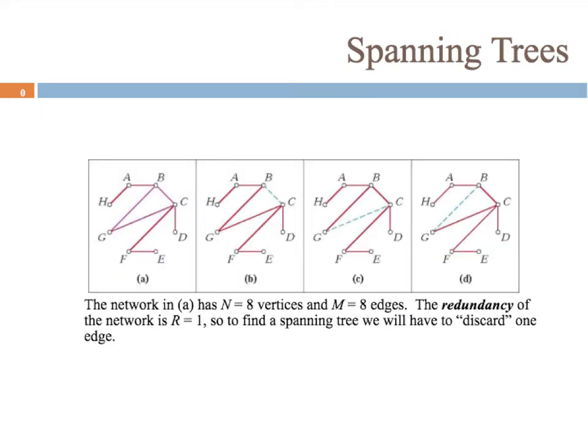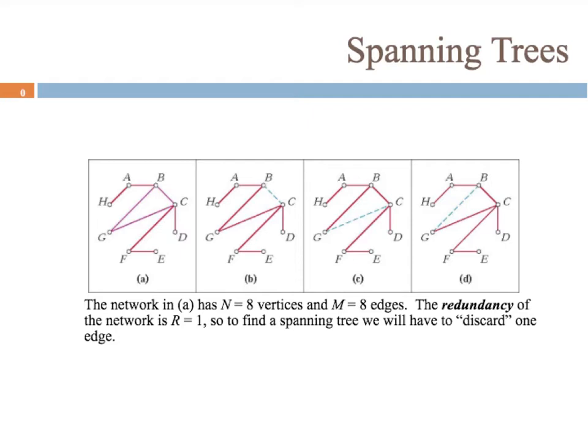Okay, here's an example. Just looking at picture A right now, the network in picture A has n equals 8 vertices, so A through H, and m equals 8 edges. So there needs to be one less edge for this to be a tree.